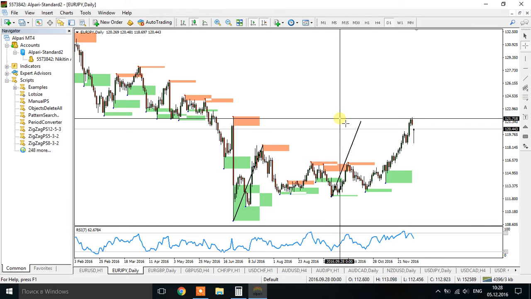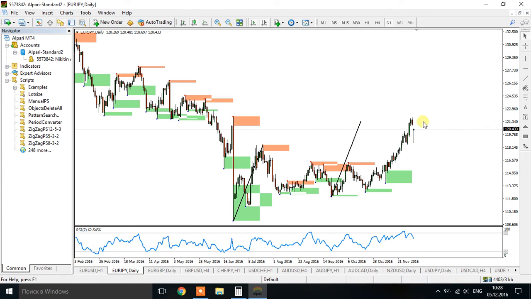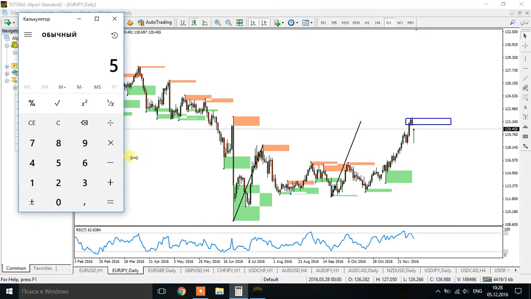Okay, you see the AB equals CD pattern is completed exactly in this same zone. So this zone is very valuable. AB equals CD completed here, and it gives me another 2 points. AB equals CD, 2 points. Okay, total is 7.